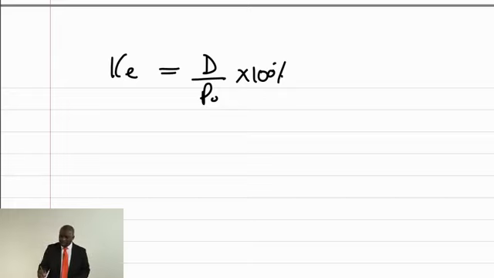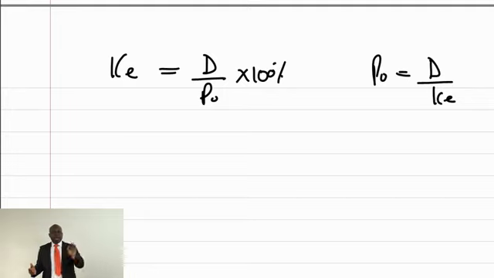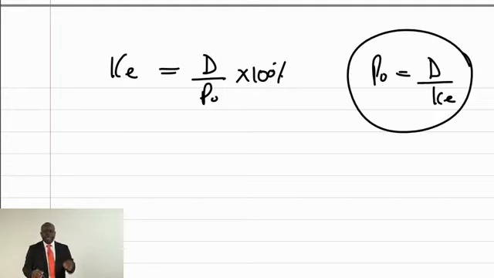It came out of P0 equals D divided by the cost of equity, to get the market price. And the market price formula is saying the market price of the share is the present value of the future dividend. So this is another trick in this particular question.